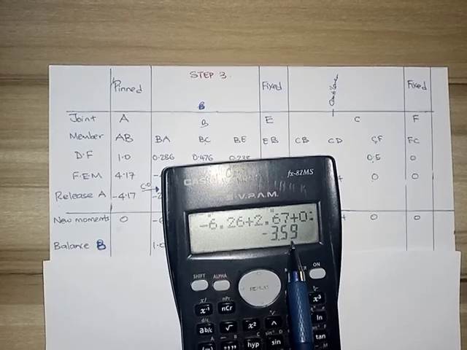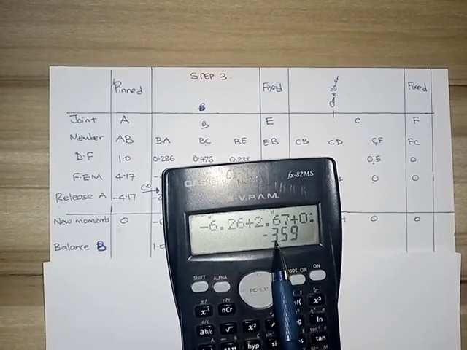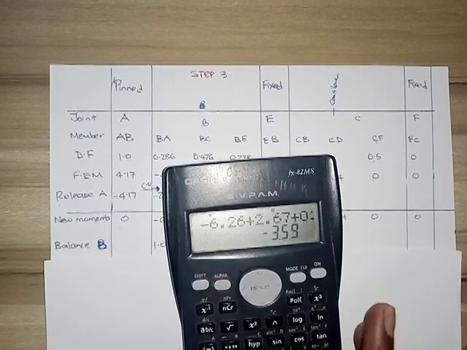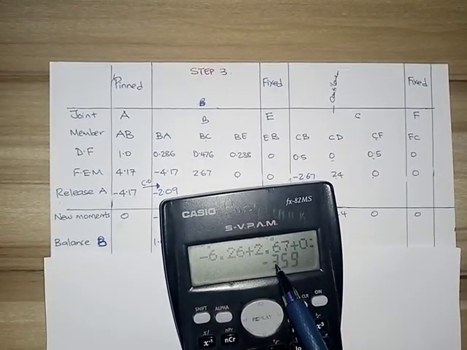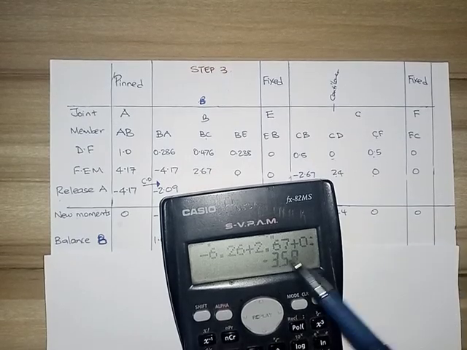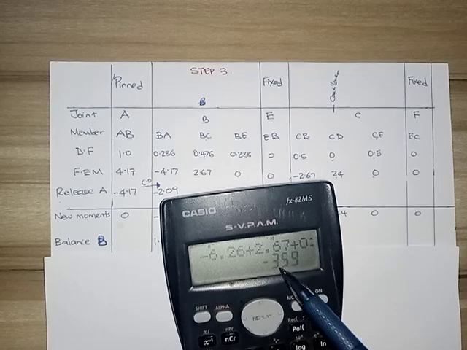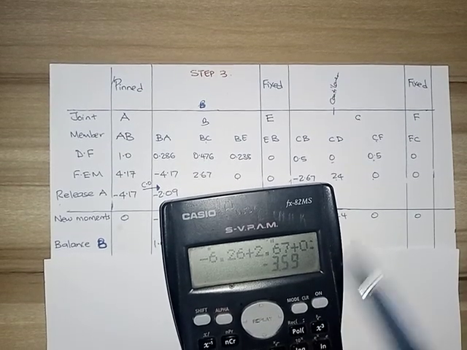This is the moment that we need to balance according to the distribution factors. The balancing moment will be the opposite sign. If the out of balance moment is negative, the balancing moment will be positive. So the balancing moment will be 3.59.